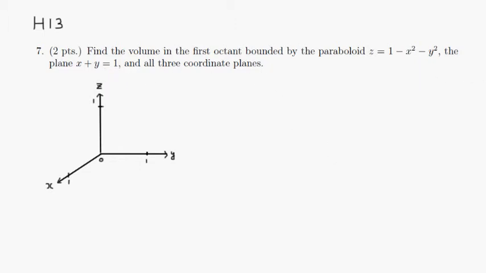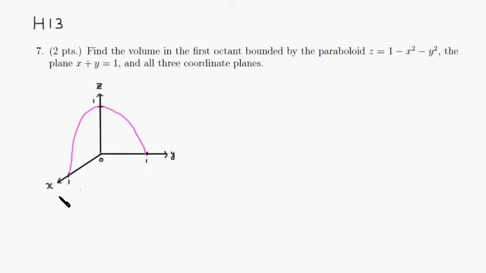So this is what it looks like. Let's draw a picture. It's a paraboloid. It's going to go through 1 here on the z-axis, and you have a parabola that looks kind of like this, and it's going to look like a parabola here.